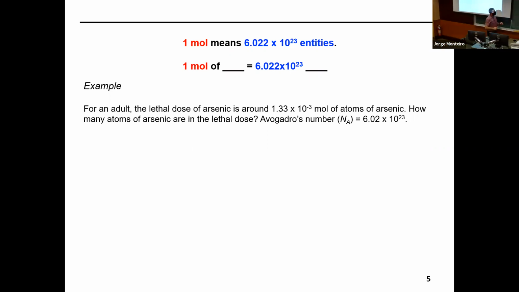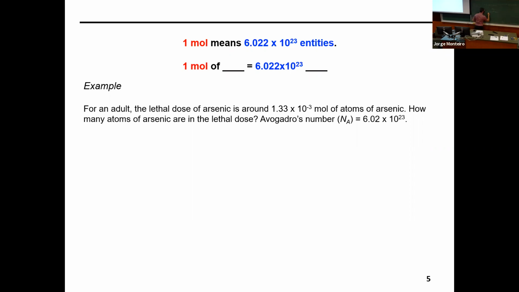There are a lot of ways to solve this problem. The one I like is to build 2 columns, and we are going to establish a proportion. The left column is going to be everything related to mole that we have in the problem. So we know that 1 mole is equivalent to 6.02 times 10 to the 23 atoms, and that's going to be our second column.